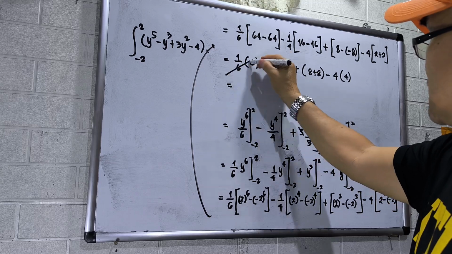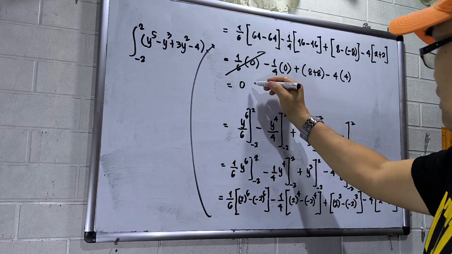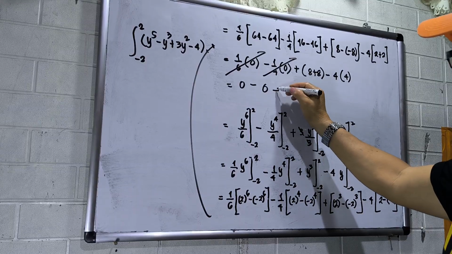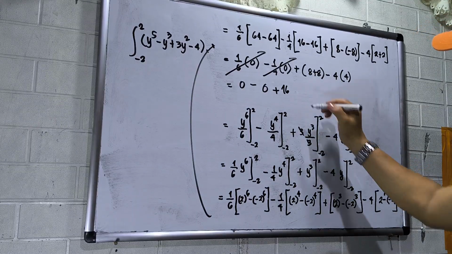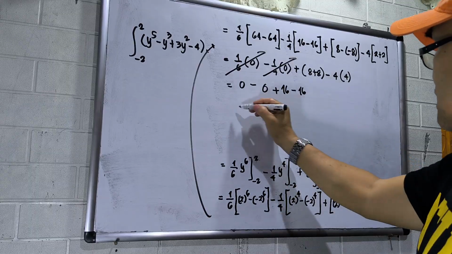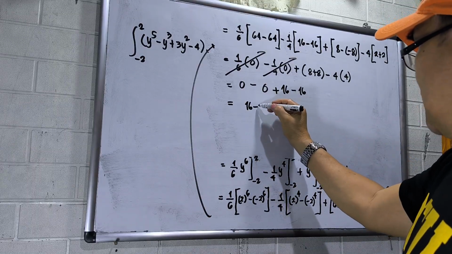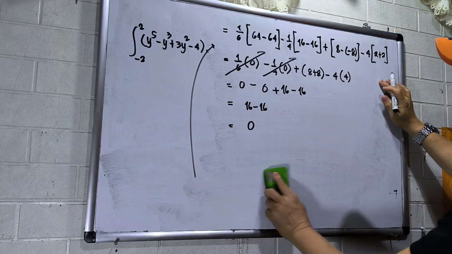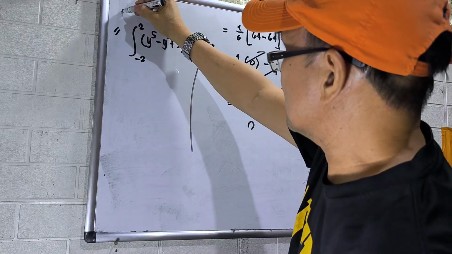So this will be 0. This one will be 0. This one will be plus 16, then this will be 16. So 16 minus 16 is equal to 0. So the answer for number 3 is 0.